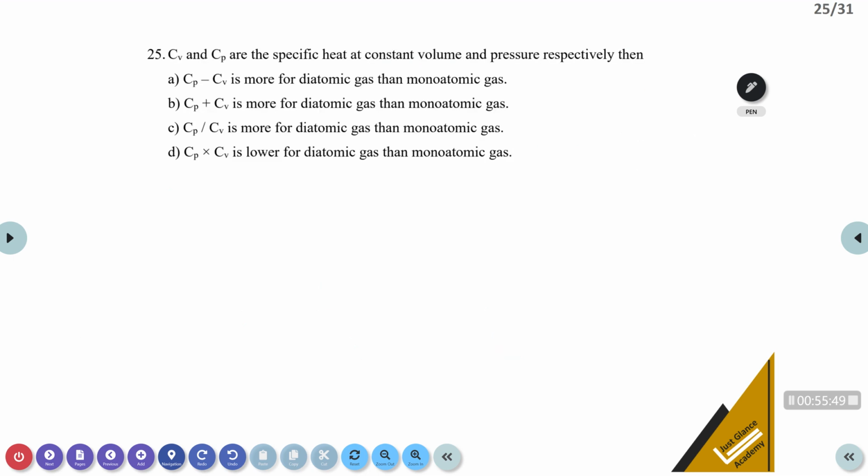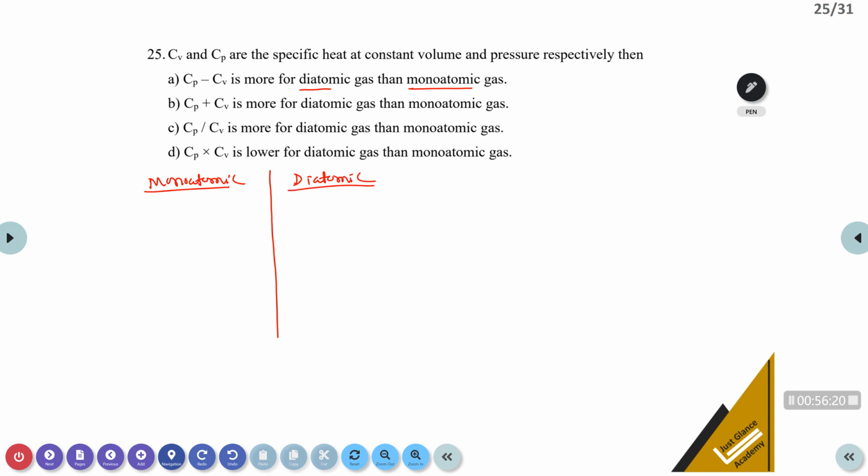Next, 25th. CV and CP are the specific heat at constant volume and pressure respectively. It has given the comparison of diatomic and monoatomic gas here. First list out CV and CP for monoatomic gas, and next for diatomic gas.